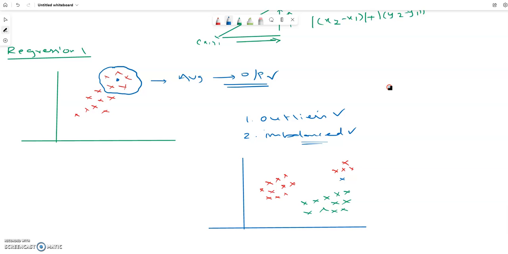Now this new data point actually belongs to the green category, but because of outliers this new data point will be pulled into the red category, which is a wrong prediction. So definitely KNN won't perform well with the outliers and similarly with imbalanced data.